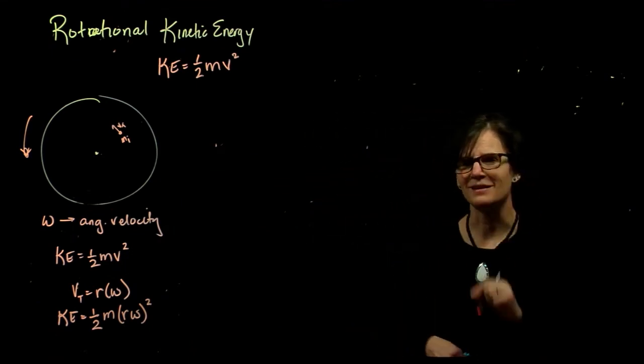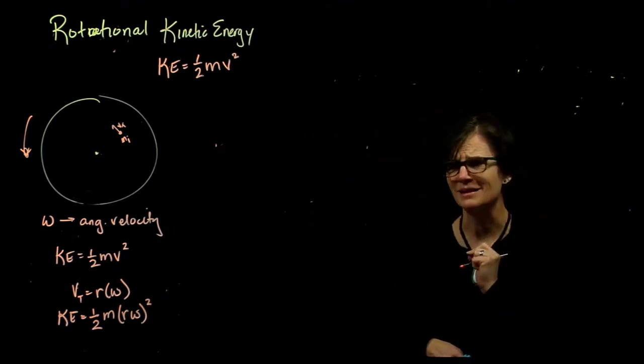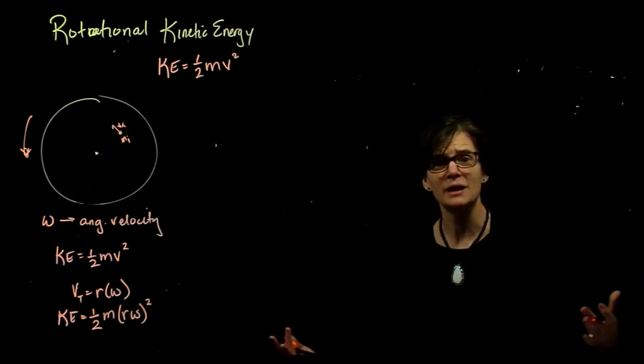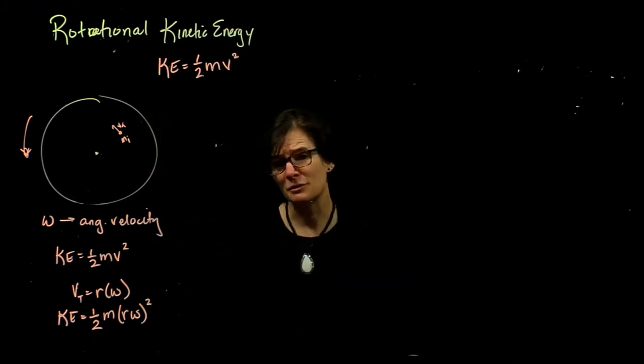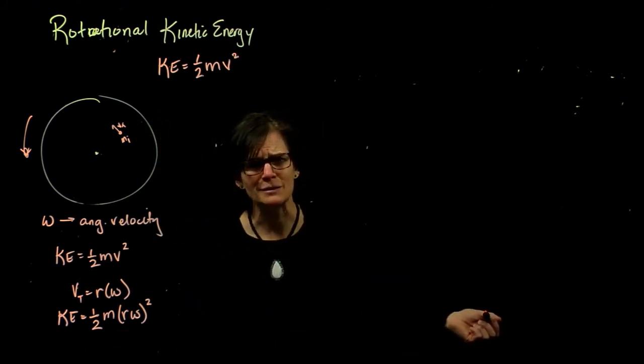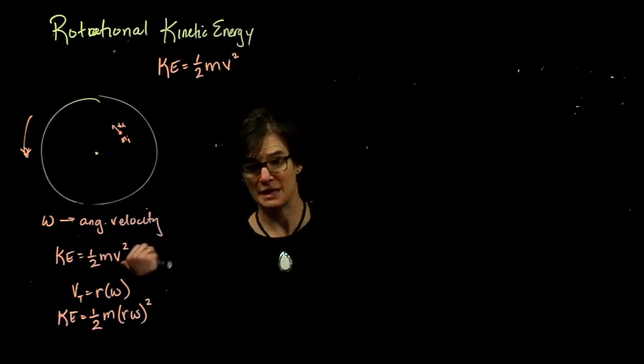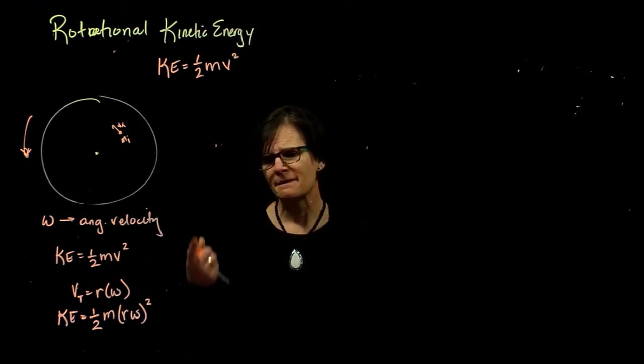But that's just one tiny little mass. There's a lot of tiny little masses, all with different radii, right? All along this disk. And if they have different radii, they have different tangential speeds. We've talked a lot about that when we dealt with rotation kinematics. And so how does that look?